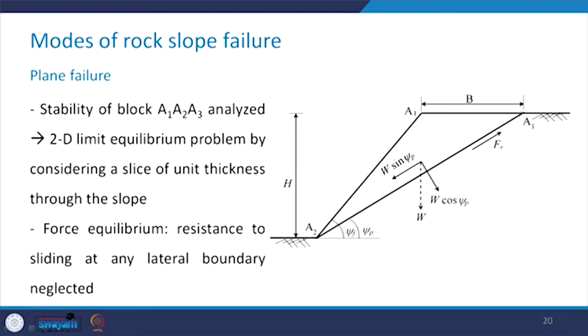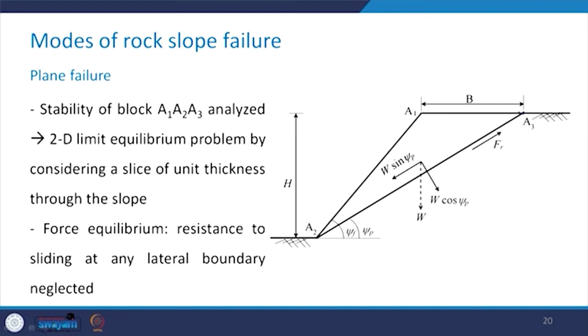So, the stability of the block A1, A2, A3 is analyzed using a two-dimensional limit equilibrium problem by considering a slice of unit thickness through the slope.